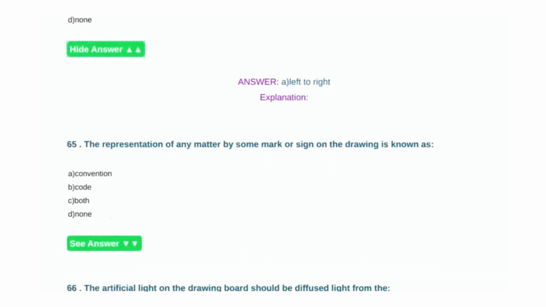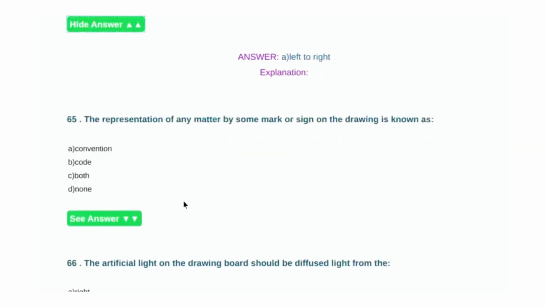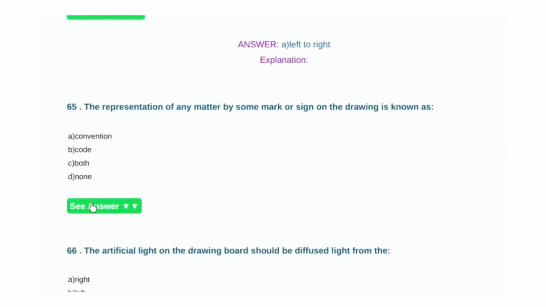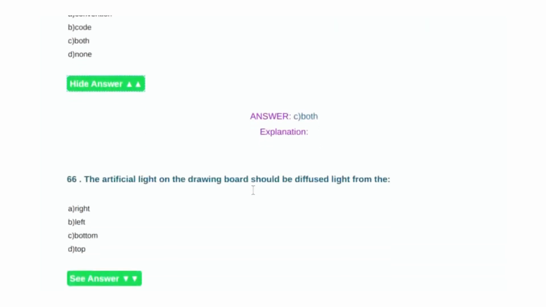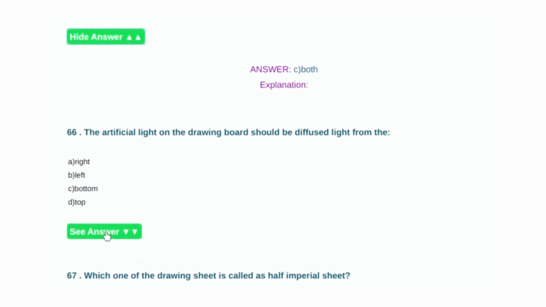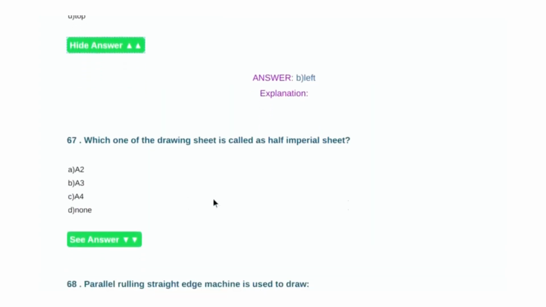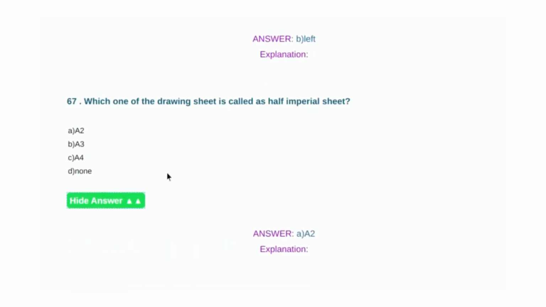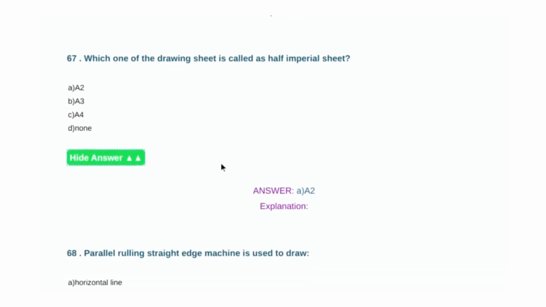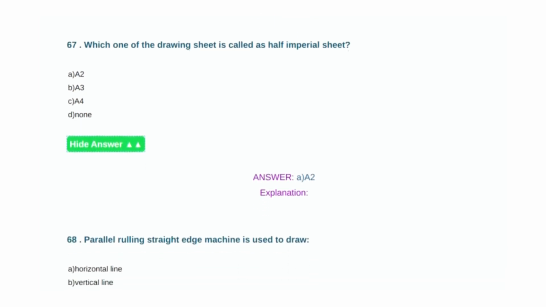The representation of any matter by some mark or sign on the drawing is known as code. The artificial light on the drawing board should be diffuse light from the left. Which drawing sheet is called a half imperial sheet? Half imperial is the A2 sheet; full imperial is A1.